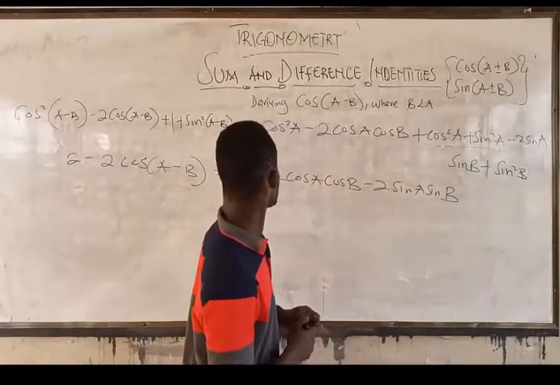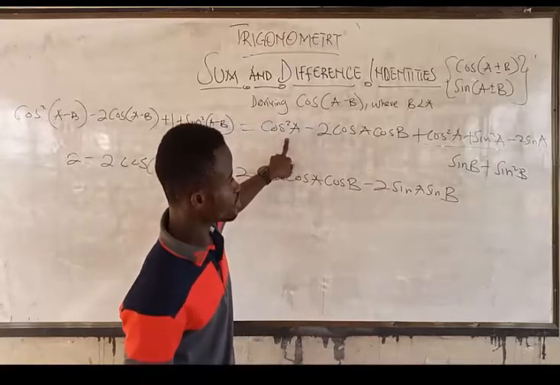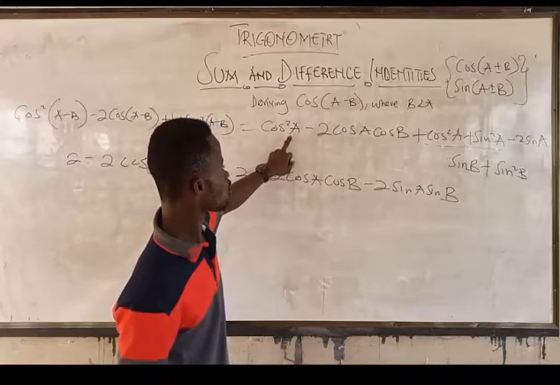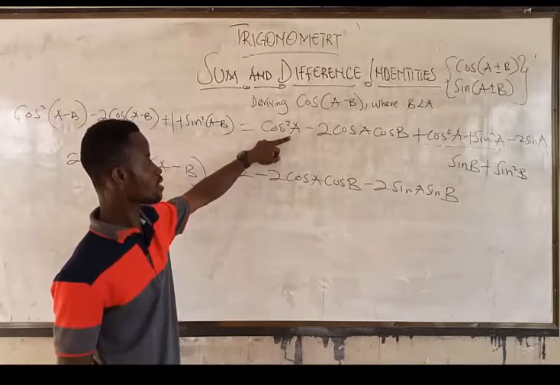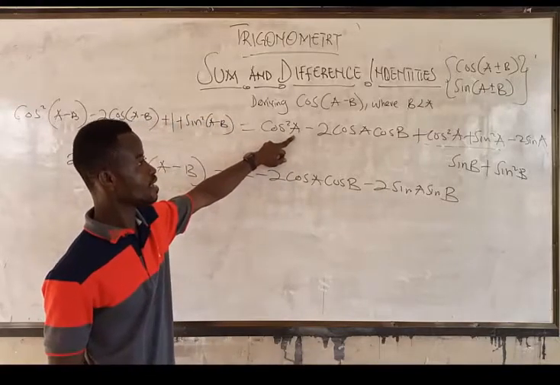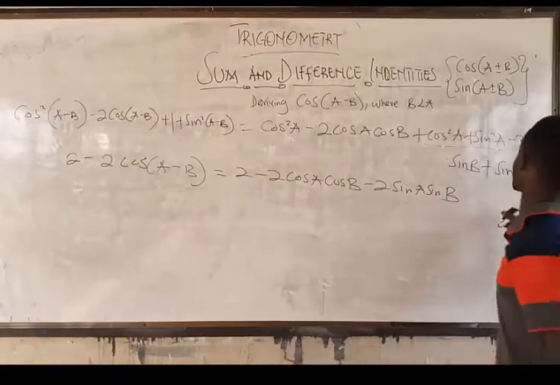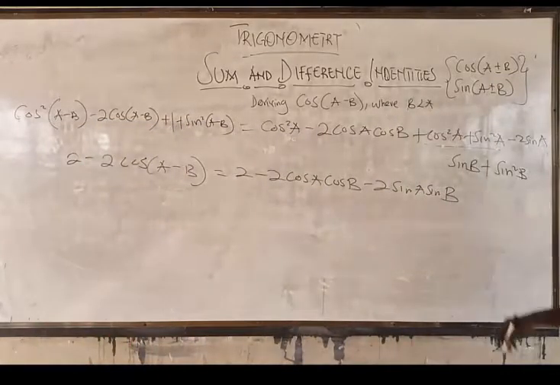And also we know that this, cos square A, we have enough things to be able to know.